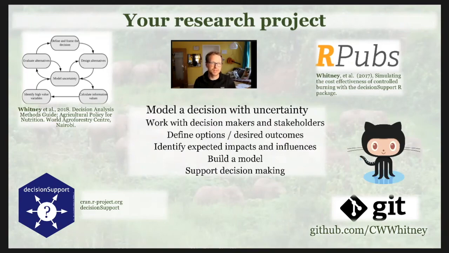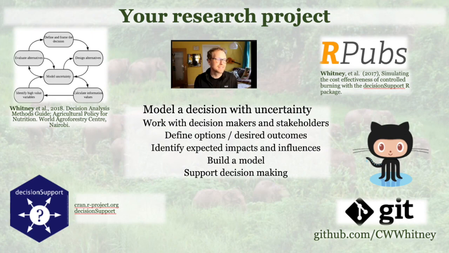So you have to figure out what kind of sustainability issues are of interest, and define the different options that are available, the interventions that have been proposed, and identify those expected impacts and influences. And hopefully, and I don't think this is a high bar, actually support some decision making that needs to be made. And yeah, enjoy.